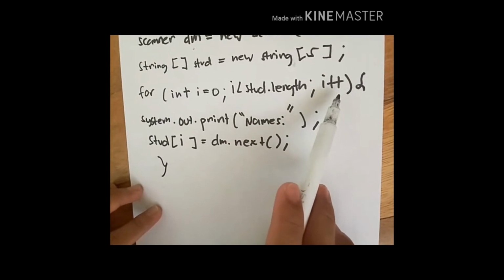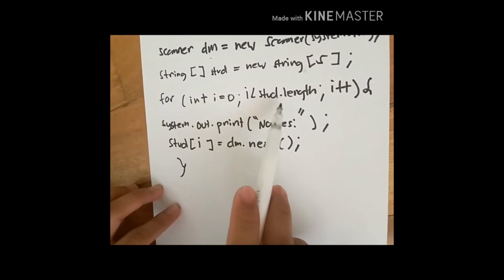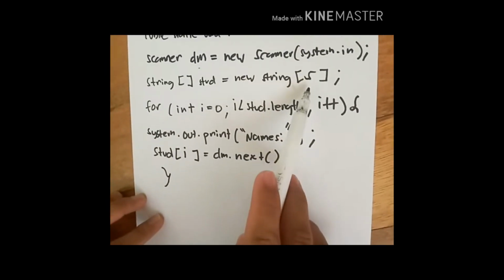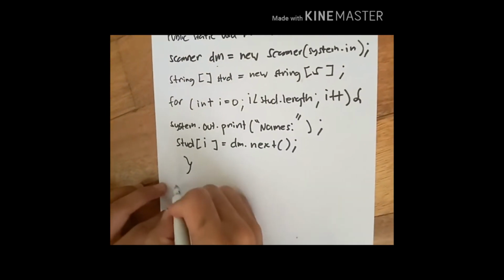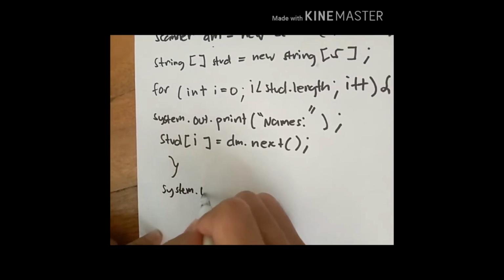And then mag-i-increment siya. Ang i ay magiging 1 and continuously siyang mangyayari hanggat mag-false ang i is less than 5.